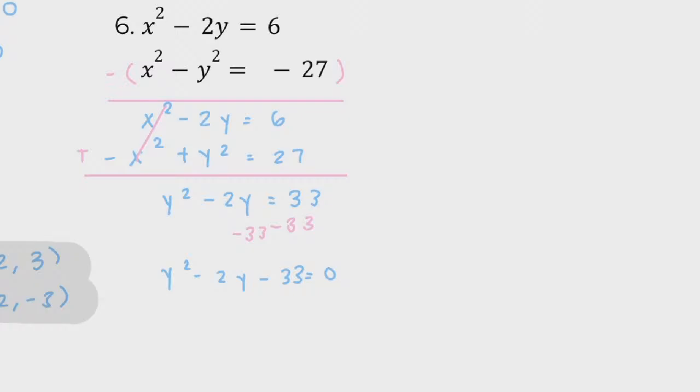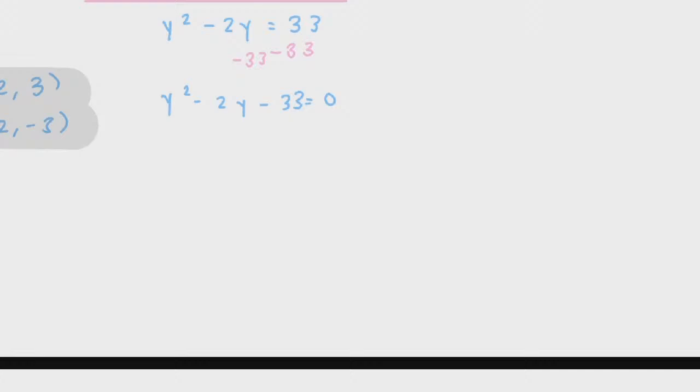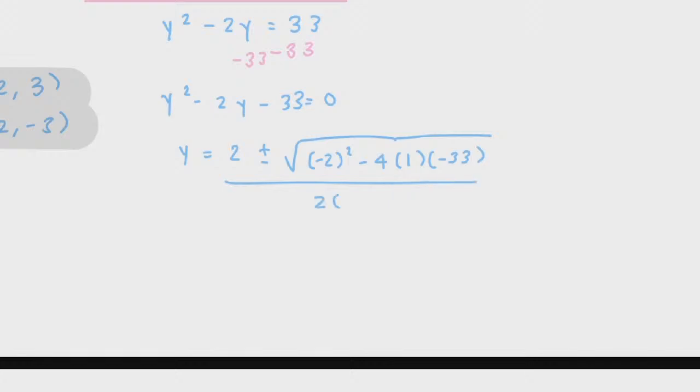And there aren't two numbers that will multiply to negative 33 and add to negative 2, so we have to use the quadratic equation. So we get y equals 2 plus or minus the square root of negative 2 squared minus 4 times 1 times negative 33, over 2 times 1.